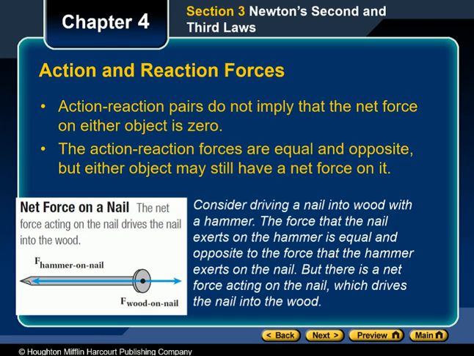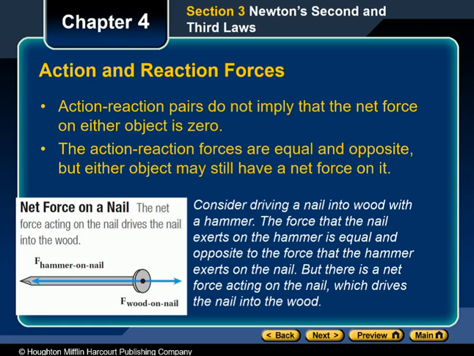According to the diagram, the nail will be driven into the wood because there is a net force acting on the nail. Thus, the action-reaction pairs do not imply that the net force on either object is zero. The action-reaction forces are equal and opposite, but either object may still have a net force acting on it.